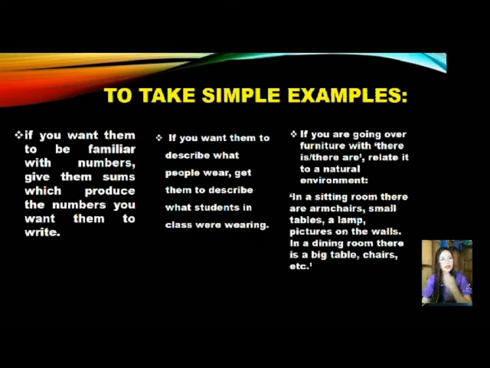And third, if you are going over furniture with there is or there are, relate it to a natural environment. In a sitting room, there are armchairs, small tables, a lamp, pictures on the walls. In a dining room, there is a big table, chairs, etc.